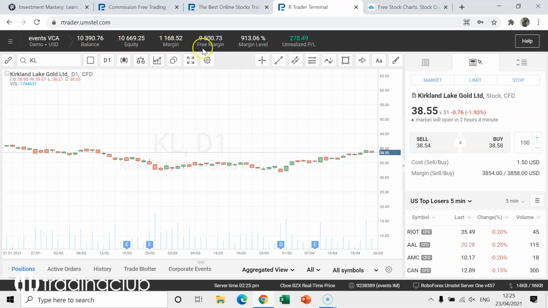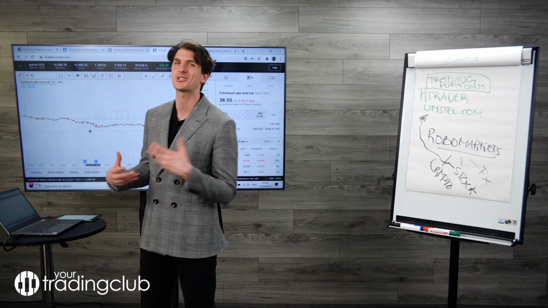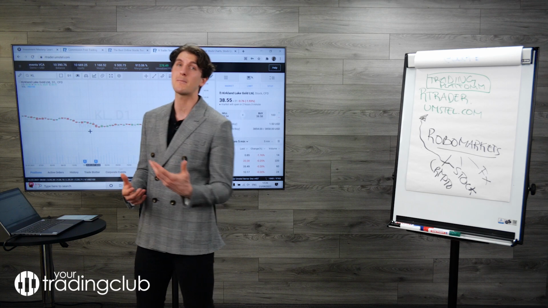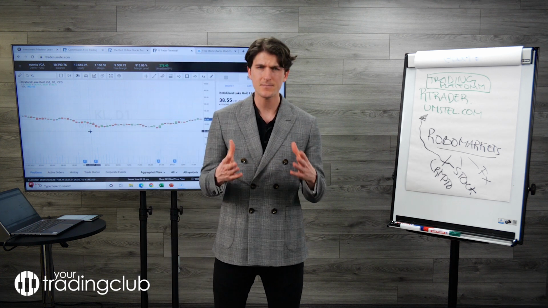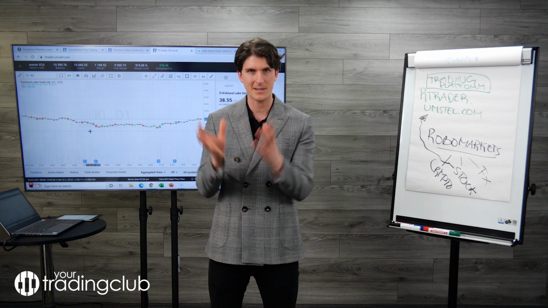And then you have your realized profit and gains all the way to the right. And then you have the chart in the middle. We are going to tell you how to set up a really good charting software as well, which is not this one. We're going to show you what a charting software is. But if you remember from the previous videos, we do have a charting software which we use only to do the analysis.